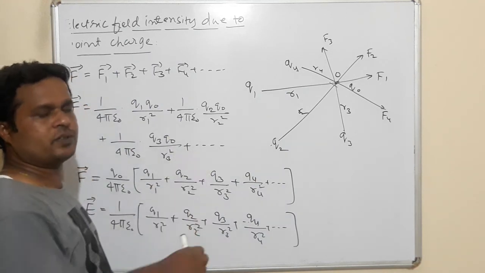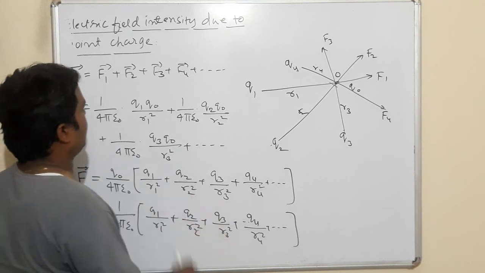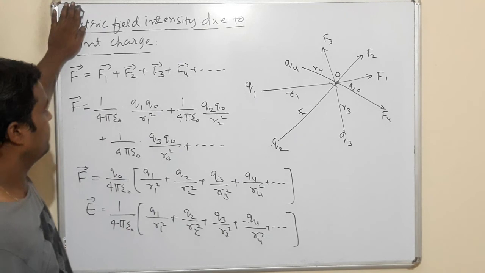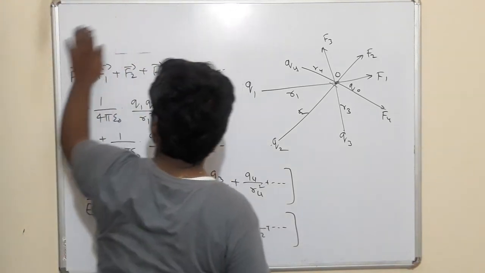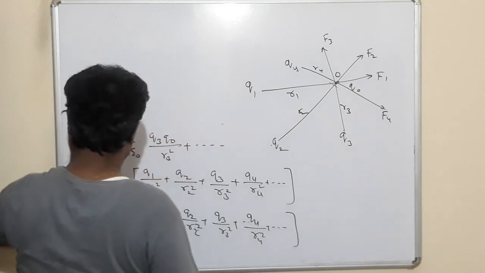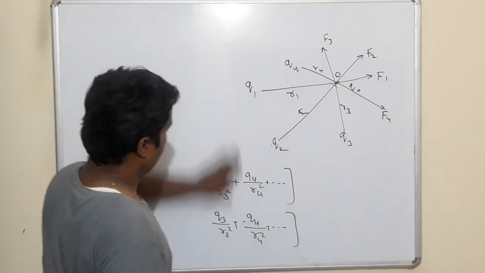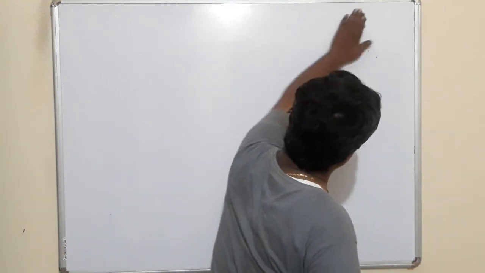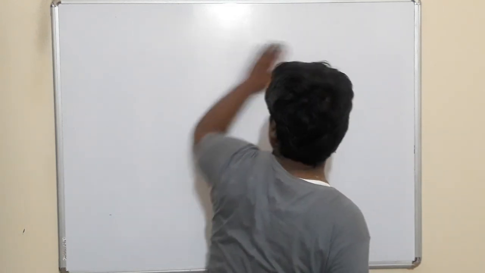Particularly if you go to the system of 2 charges, system of 3 charges, like that. See, all the distances we will measure, all the forces or fields we will measure, then we will take the vector sum.